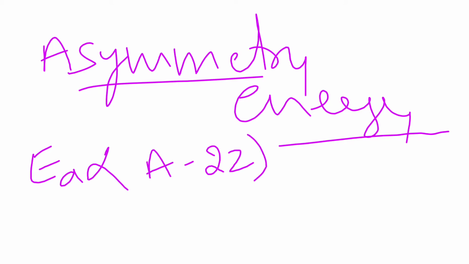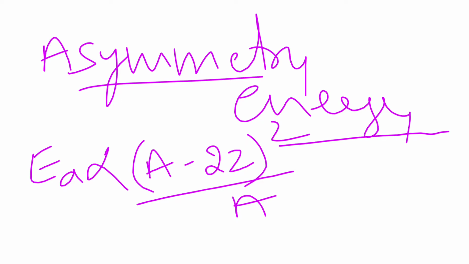Here also there is a decrease in binding energy. This can be written as E_A, directly proportional to (A minus 2Z) whole squared divided by A. This is asymmetry energy.